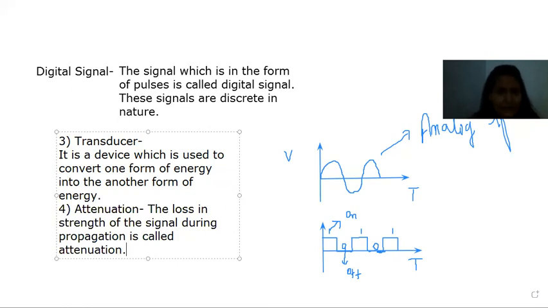The loss in strength of the signal during propagation is called attenuation.